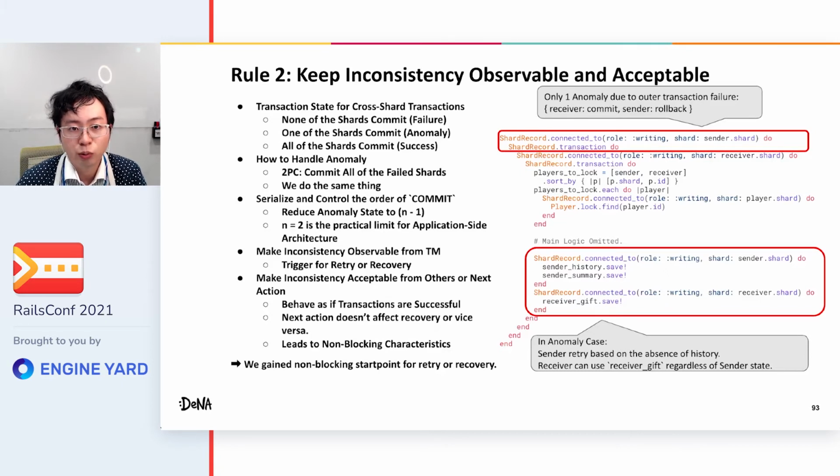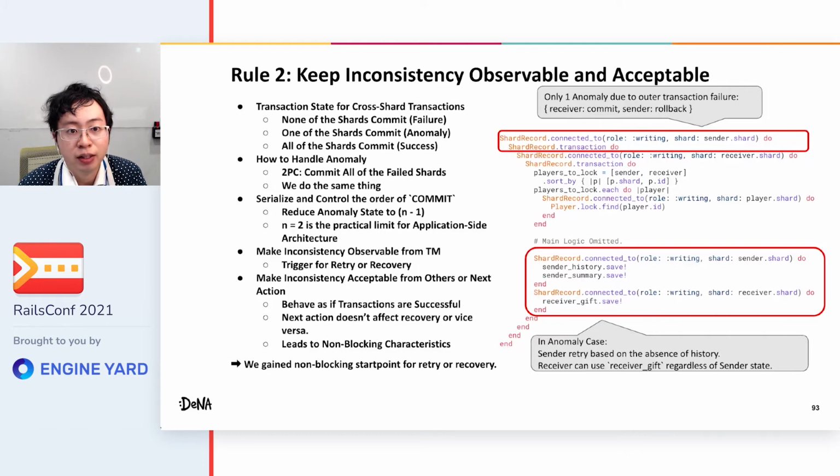Now let's see the Rails code on your right-hand side. In the beginning, you can see the outer transaction block is the sender shard. So the anomaly case is that the receiver reached commit and the sender reached rollback. Let's imagine what will happen to this anomaly at the bottom of this transaction. First, the sender history and the sender summary would not be saved in this case.